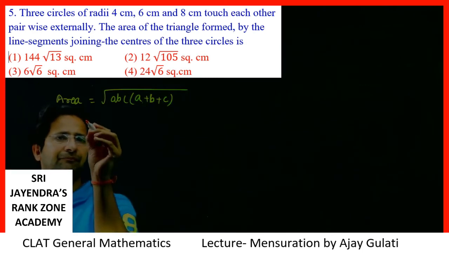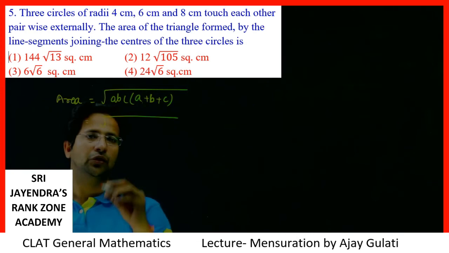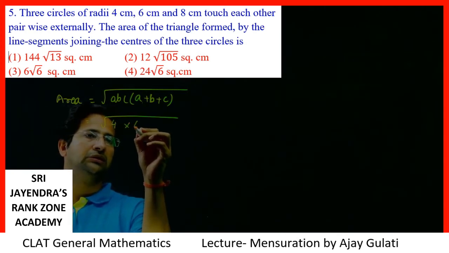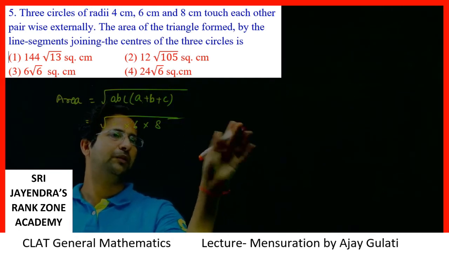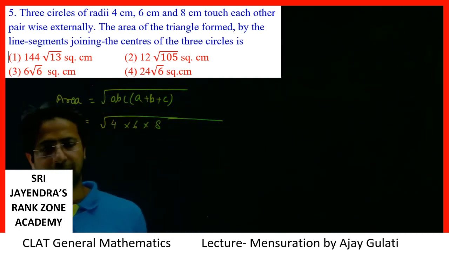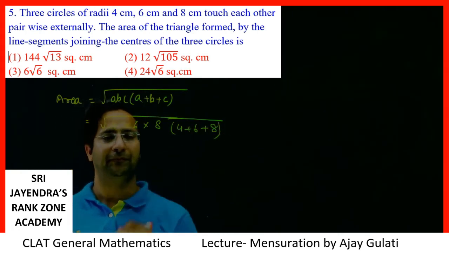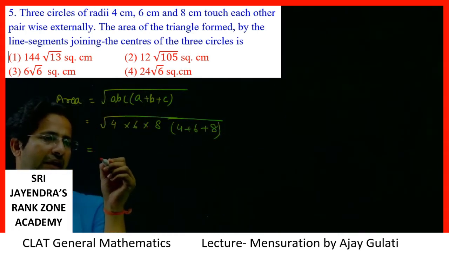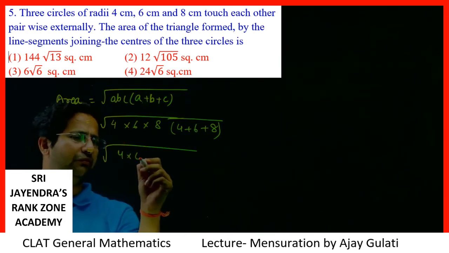So I can say the radii of the circles are A, B, C, that is 4, 6, 8. In the bracket we have 4 plus 6 plus 8. Let it be like this only: 4 into 6 into 8.